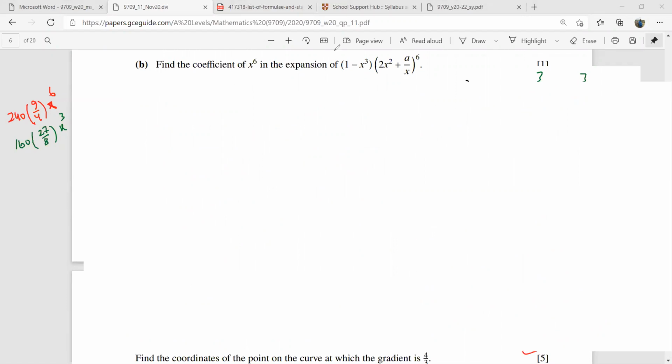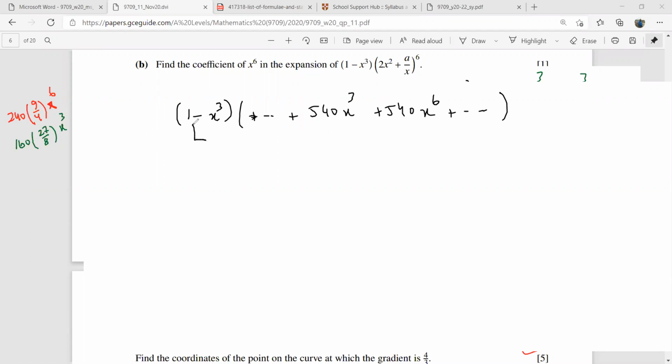So I'll be writing it as (1 − x³) into this, plus 20 into 27 is 540x³, and this is 540x⁶ and so on, because you have already expanded that.